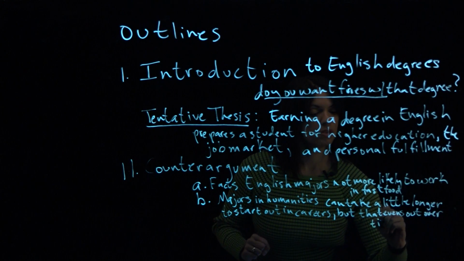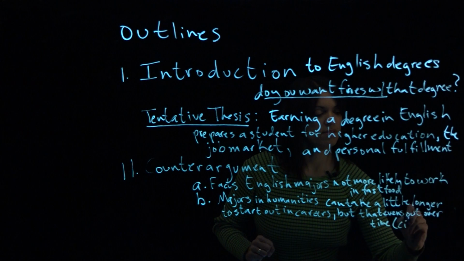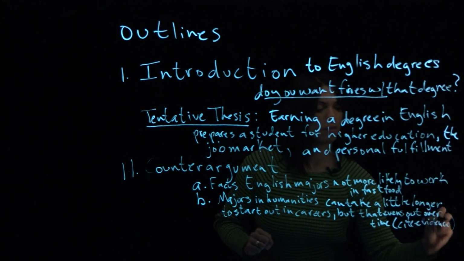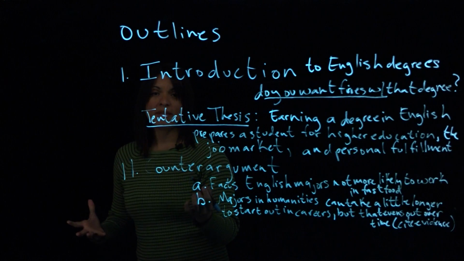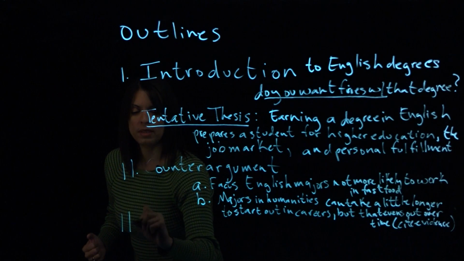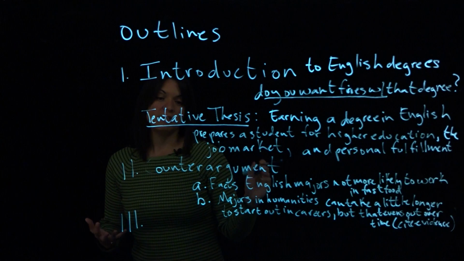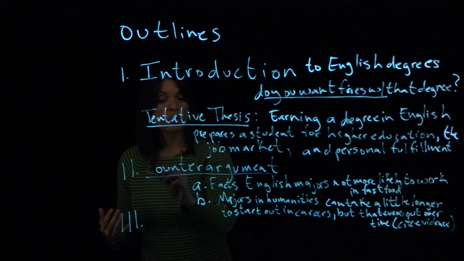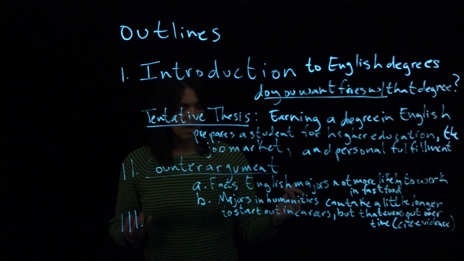And so what I would also want to do is cite evidence that I gathered to prove this. Okay, and then I can move on to my next point. So my next point would be about the benefits. So I've already talked about potential ways people could argue with me and how I would debate them.